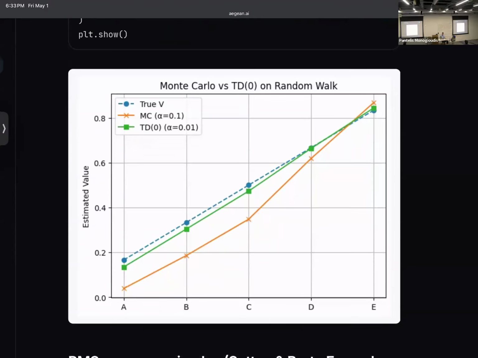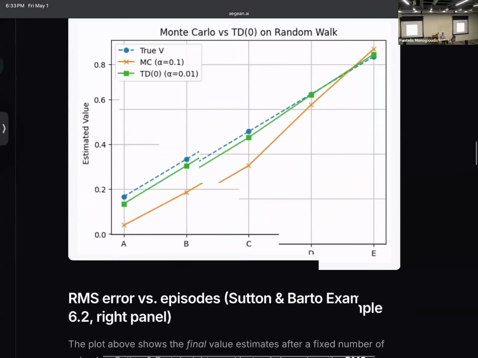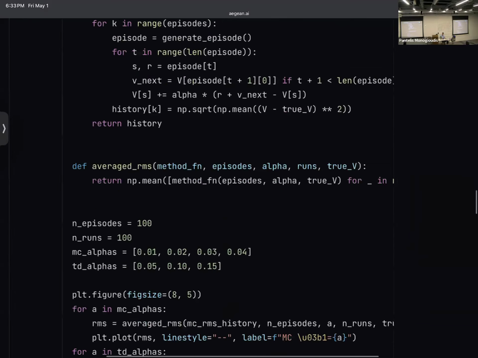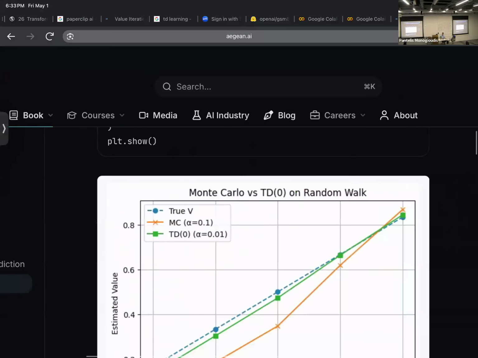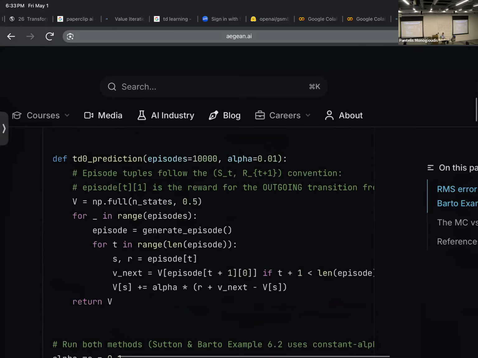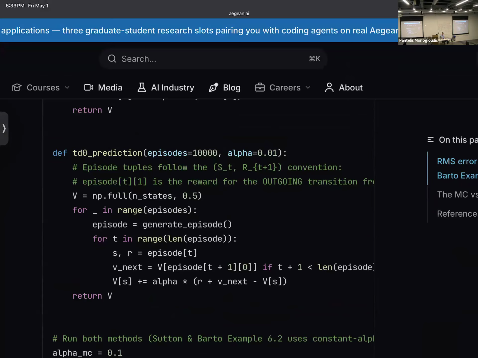I think the reason why we did it is that later on, when we plot the mean square error, what is the error here? The error is this difference: the difference between the R plus V next, the bootstrap value, minus the V of S. This is called the innovation, or residual, as we called it in the Kalman filter.